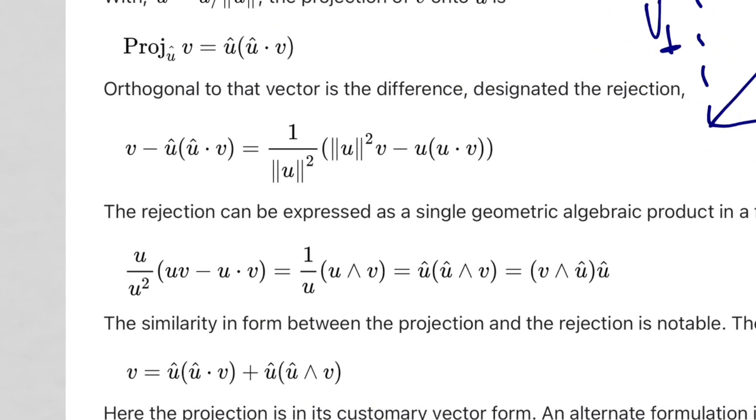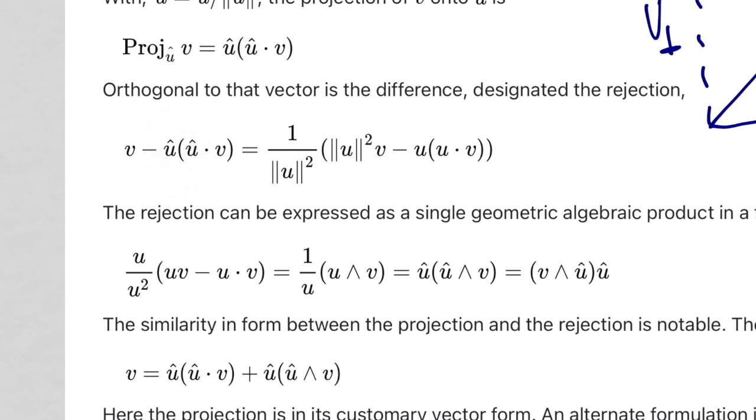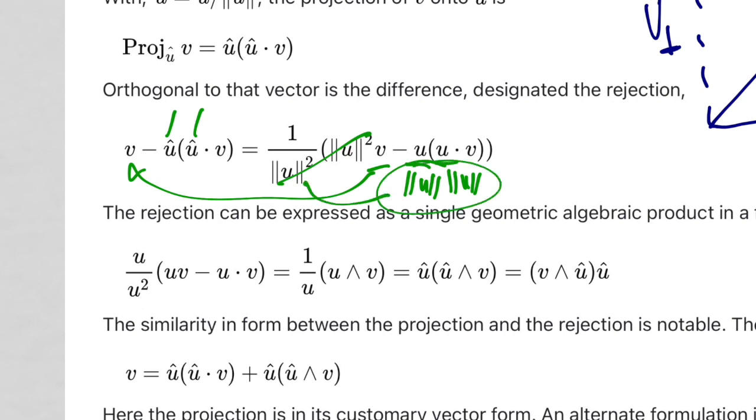So this formula is literally this formula. The two u squares cancel, giving you v, right? So these two u squares cancel, and so this v is that v, and these unit vectors here are simply this divided by the magnitude of u, and then this guy divided by the magnitude of u, which, when you combine those two, you get this u squared product, and that's these two guys.